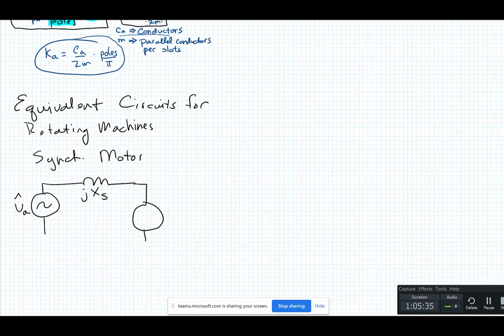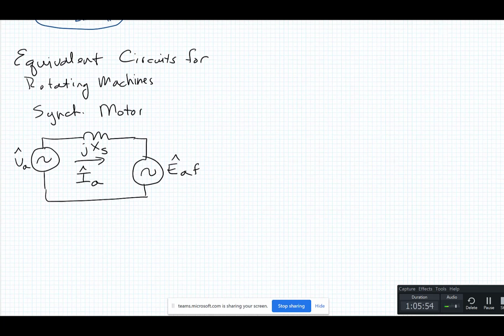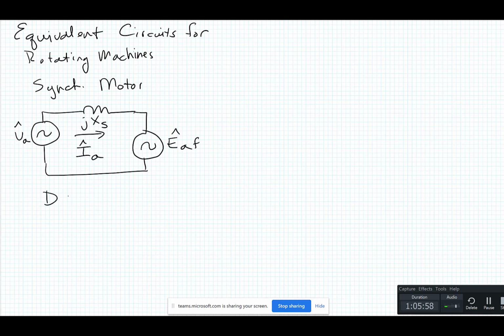And you've got the back EMF, which is EAF. And everything's AC here. And you have the phase current associated with part of the armature MMF. There's your synchronous motor. Now in a DC motor, let's say we've got a DC motor.